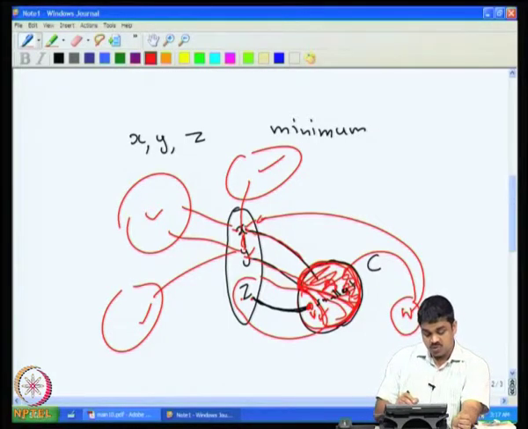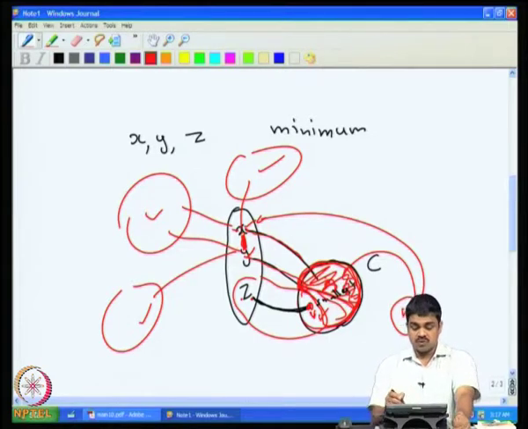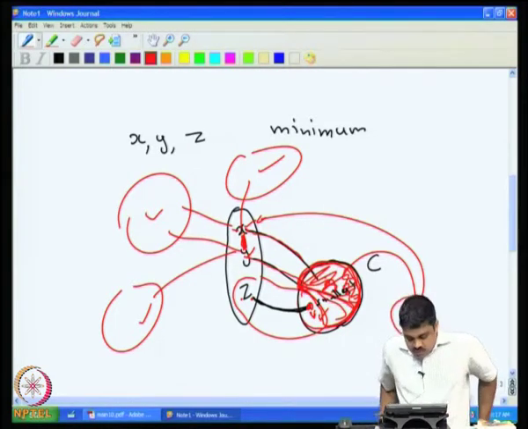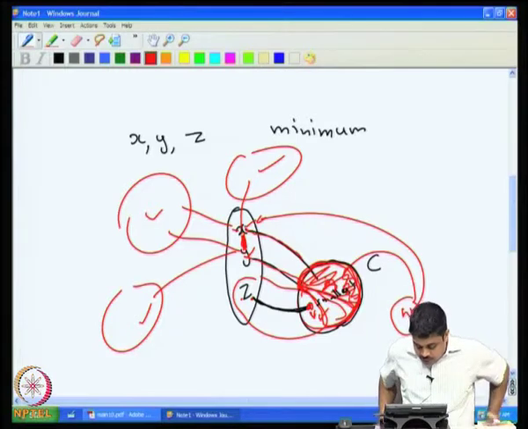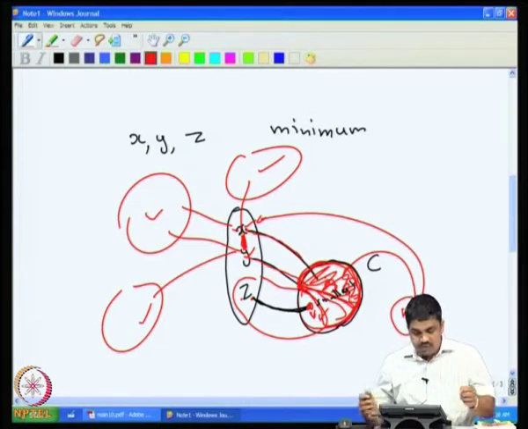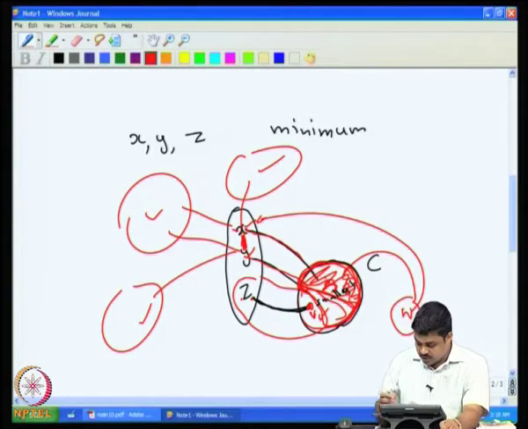It is not possible for one component to connect to x and get more from outside, and the other component to connect to y and get more from outside, because there is an edge between x and y, so they have to belong to the same piece, right. So we can assume that C has to be together there.